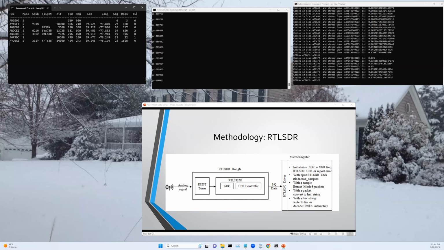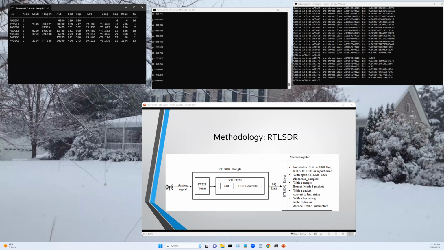An analog to digital converter on the RTL2832 chip samples the radio waves and digitizes the samples. The resulting IQ, in-phase and quadrature data, is made available by the USB controller on the RTL2832.